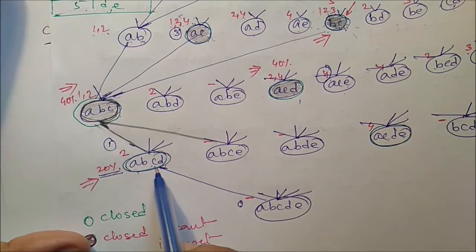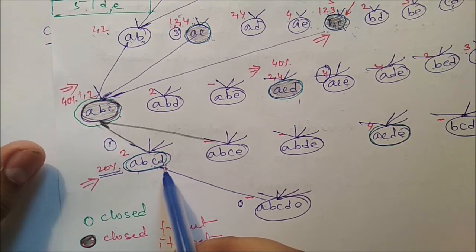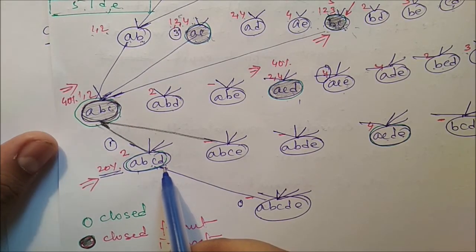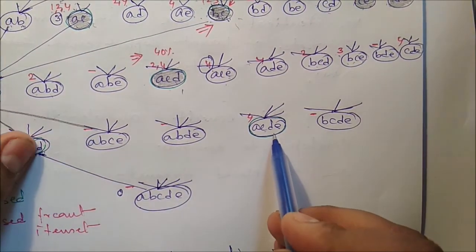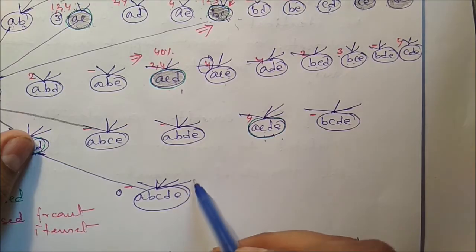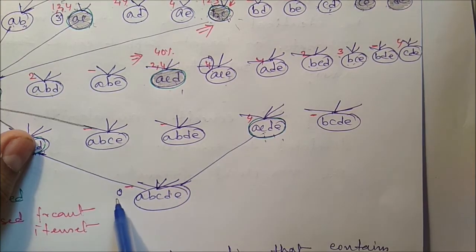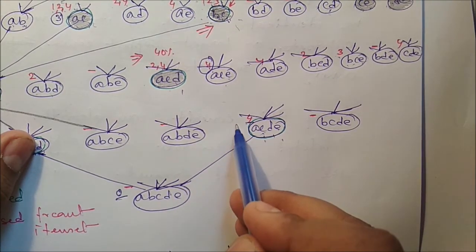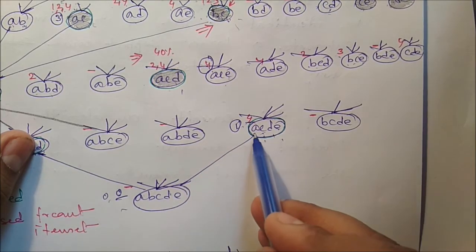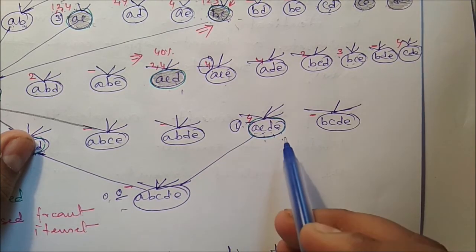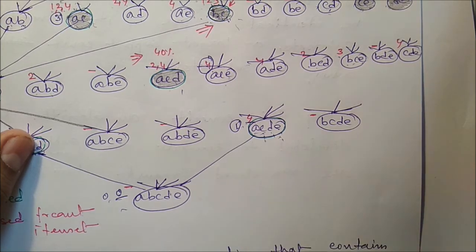So we can say ABCD is a closed item set, but it is not a closed frequent item set. Are you getting it? Similarly, ACDE is a closed item set because the superset's count is not the same. Its support count is 1 and the superset's support count is 0. So ACDE is a closed item set, but not a closed frequent item set. Are you getting this one?